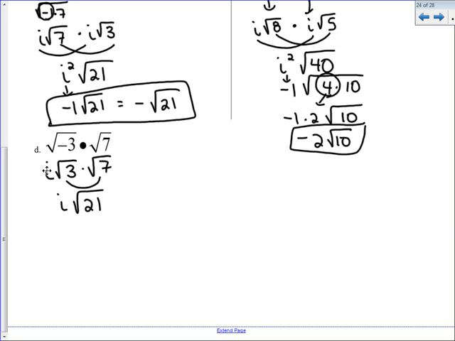No, so I don't have i squared this time because only one of those square roots gave me an i. So I'm going to have an imaginary answer. I'm just going to have the i in my answer, which is fine. And then for the 21, if I look at my list, we already looked at our list a little bit. For 21, none of my square roots evenly divide it. So I'm done.